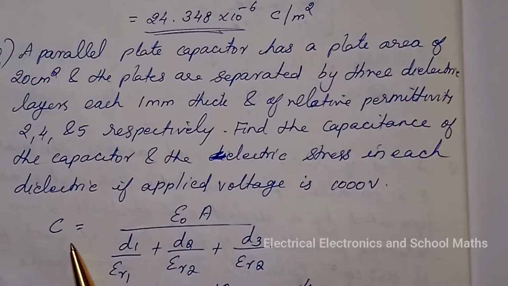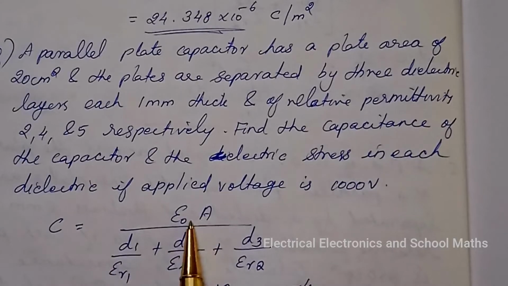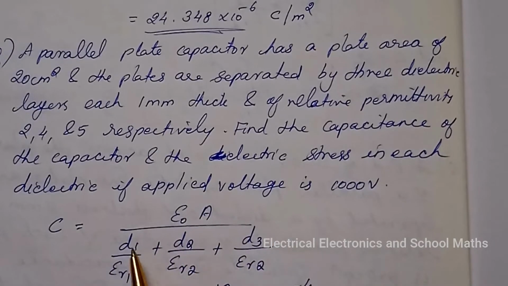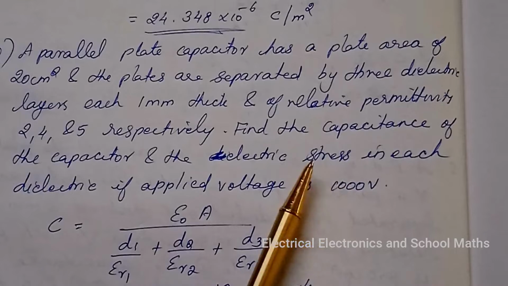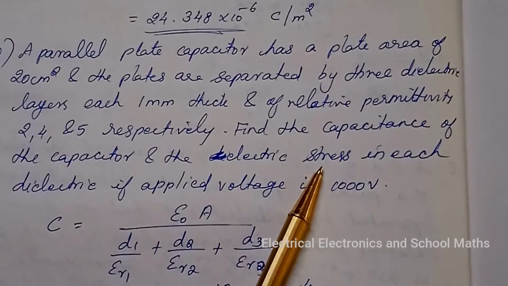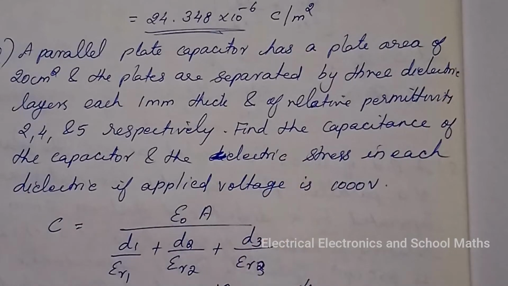So the capacitance C is equal to epsilon 0 A divided by D1 divided by epsilon R1 plus D2 divided by epsilon R2 plus D3 divided by epsilon R3. And also we have to find the electric stress. Electric stress is nothing but the electric field intensity.